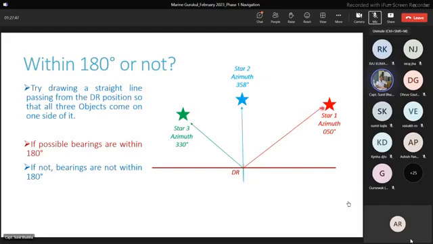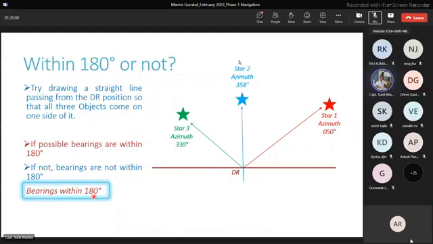Since all of them are falling on one side of the line and it is possible, these bearings are within 180 degrees. So in this particular case, the bearings lie within 180 degrees.